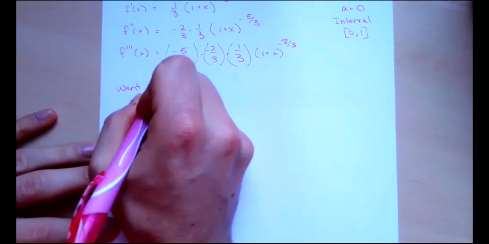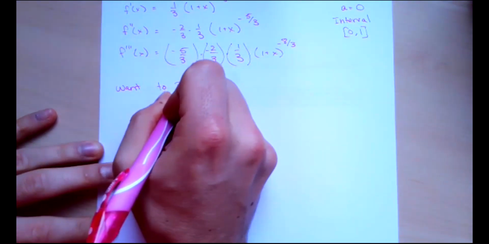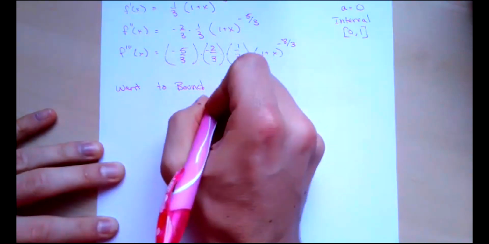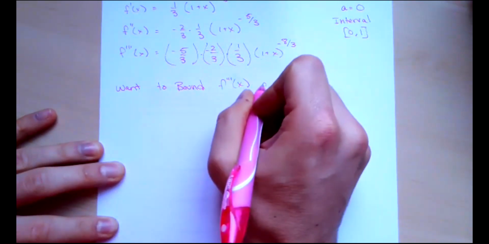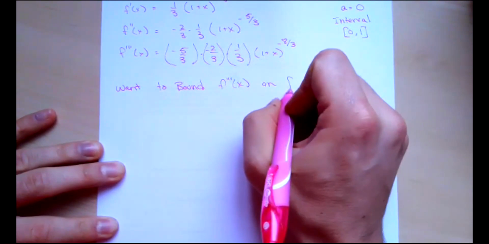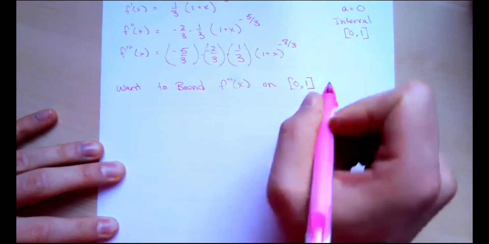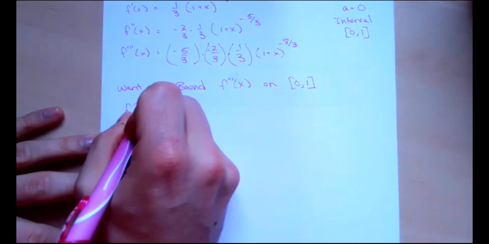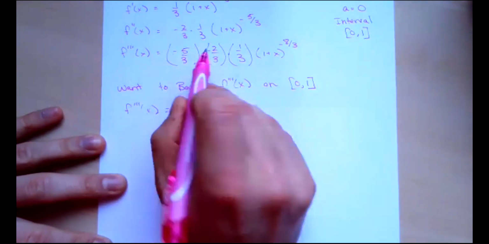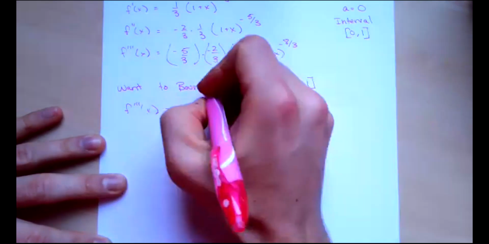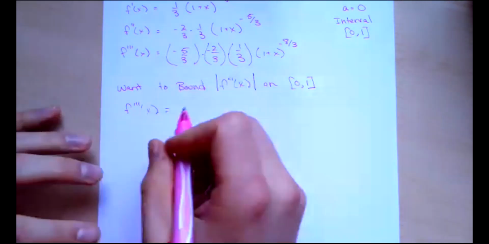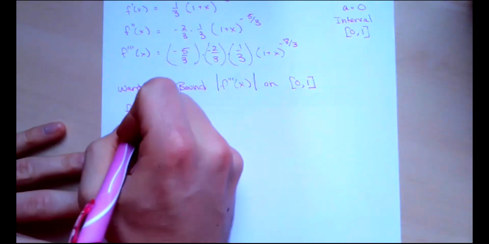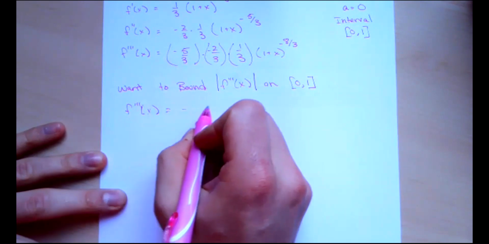And so we want to bound our third derivative on that specific interval. Actually, sorry, we want to bound the absolute value of that, I should say. So the negative actually isn't going to matter, but let's write out the function just to simplify a little bit.